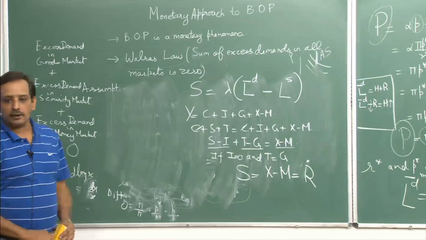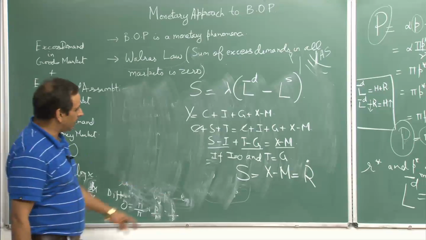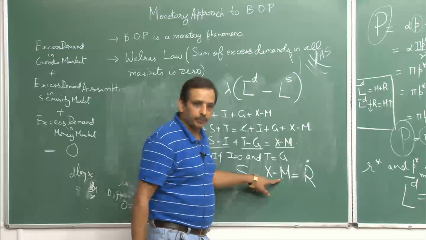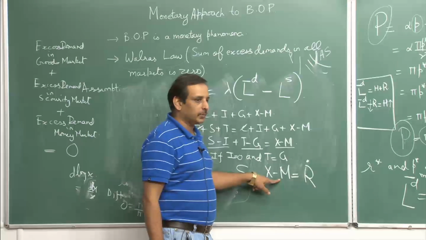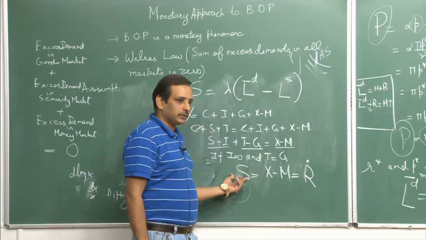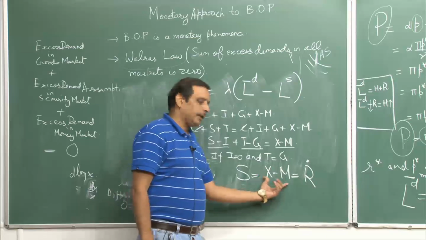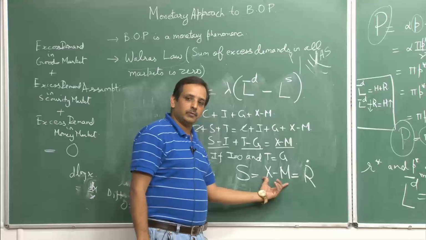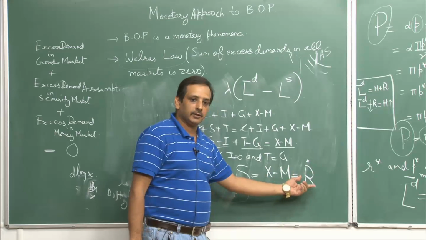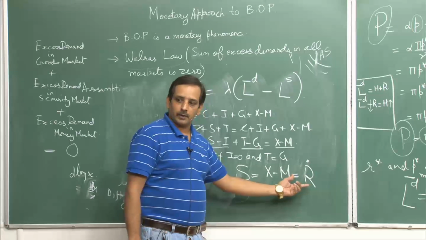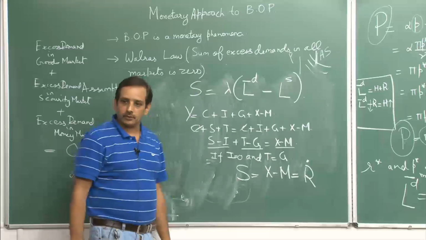If I is 0 and t is equal to g, you will get savings to be equal to x minus m. If there is a current account surplus or positive savings, and if it is a fixed exchange rate regime, you would see an increase in the reserves. Okay. R dot would be greater than 0.